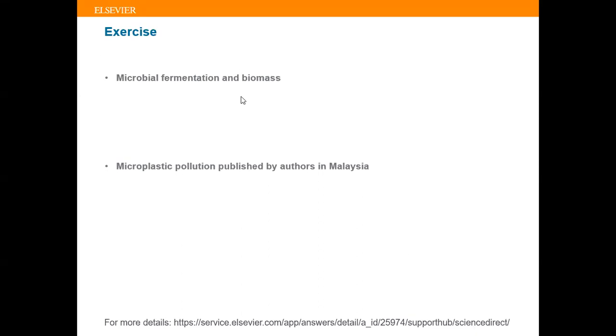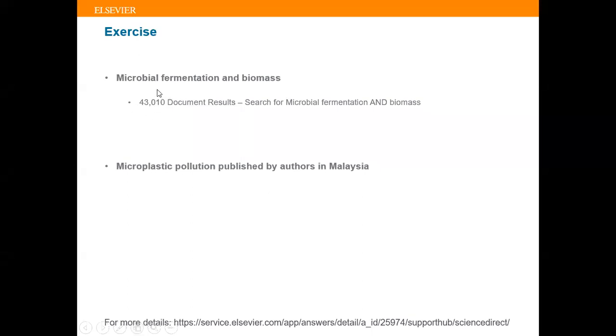Hopefully you have done both exercises. So for question number 1, microbial fermentation and biomass: if you search it in quick search format, and you just enter it straight away like this, microbial fermentation and biomass, without enclosing microbial fermentation in inverted commas, you will get a very general and large result of 3000 plus.